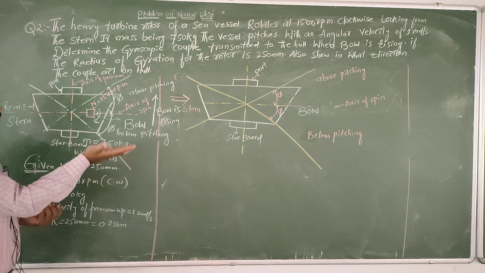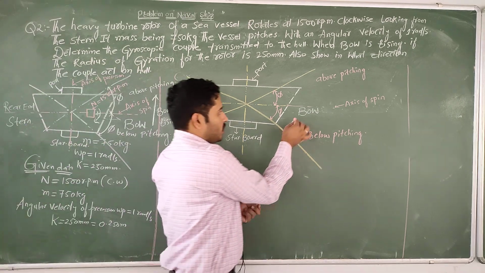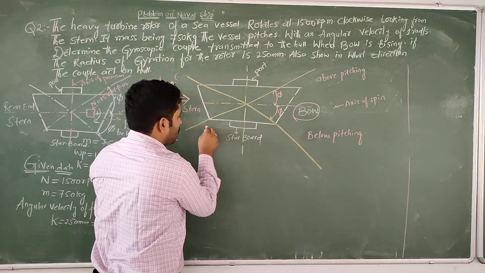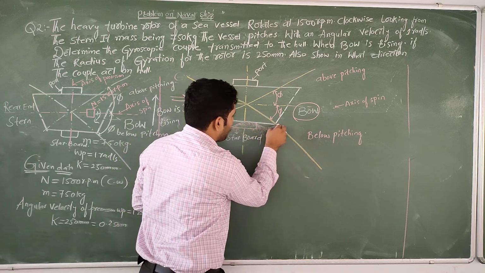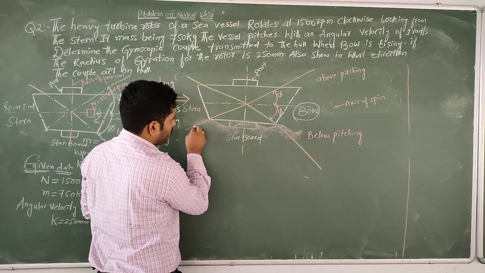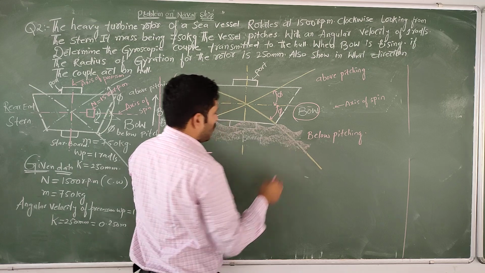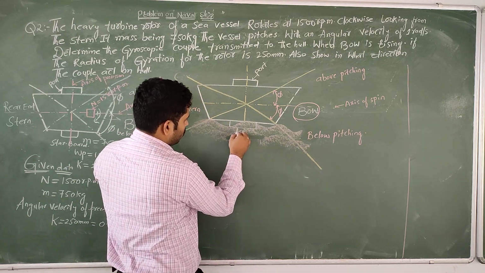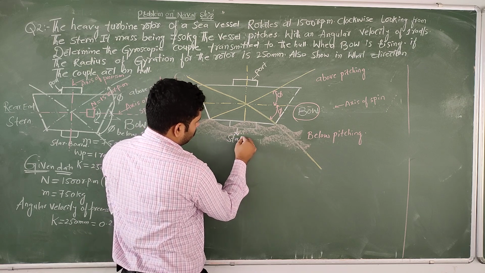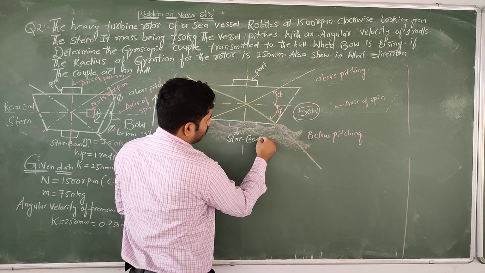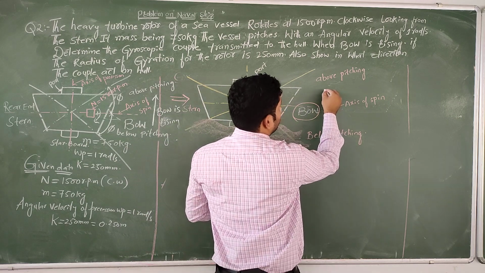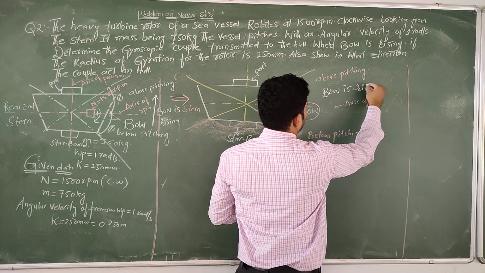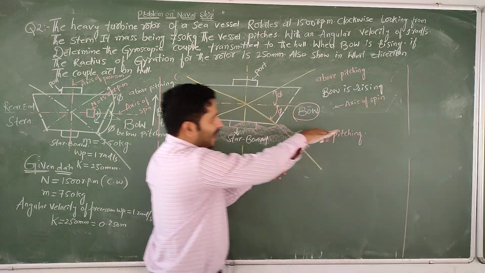When the bow is rising, I will draw here that is the surface of the water. Let us assume, I will write here starboard. Here the bow is rising above the axis of spin.